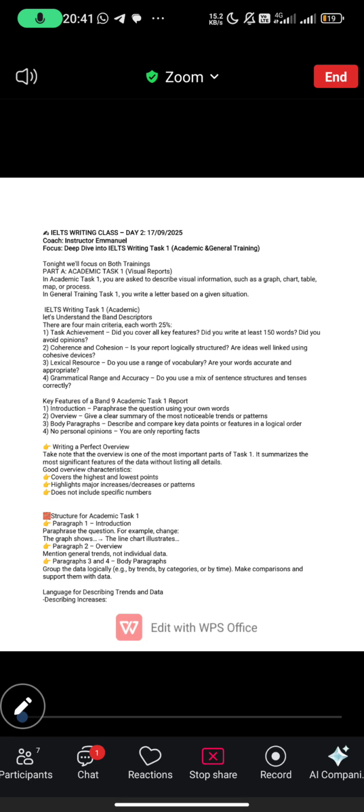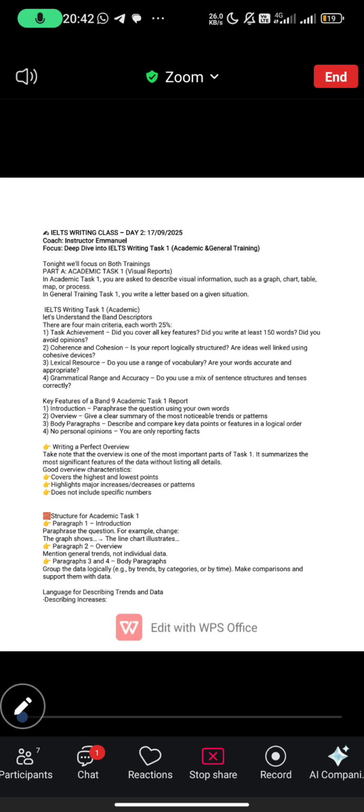Do you grab? Write intelligently. Very, very important. So your range of vocabulary should be high, and make sure you punctuate correctly. Now this applies to grammar, your mix of sentence structures, and then your tenses. If you're writing in past tense, please maintain the past tense. If you're writing in present tense, maintain present tense. If you're writing in future tense, maintain the future tense. So this applies to grammar.